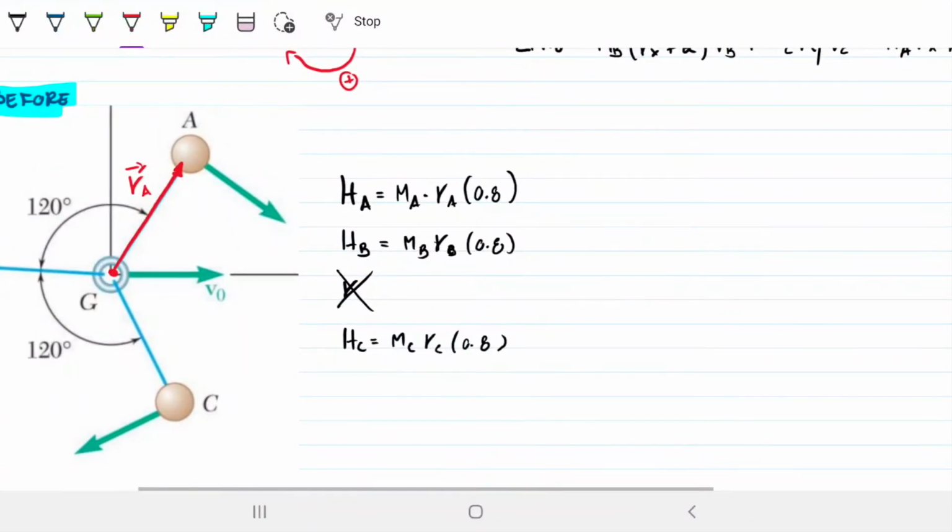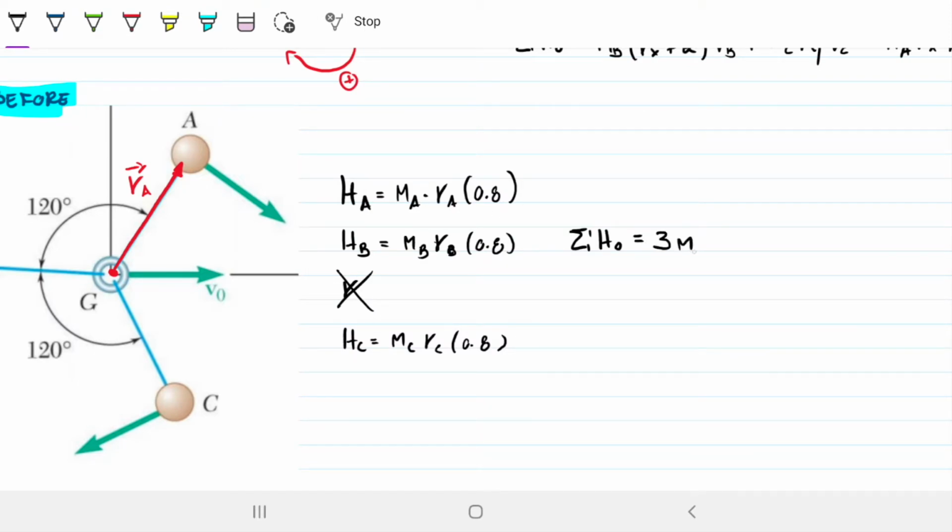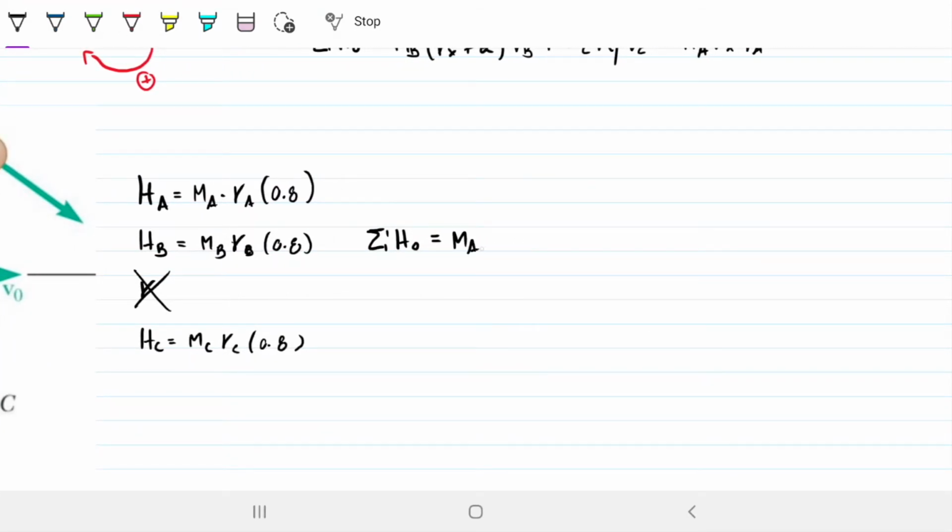So if I sum up these angular momentums here, the masses are all the same, so it's just 3 times the mass. Well, actually, let's do it in steps. So mass of A, remember that RA, RB, and RC are all 200 mils, so 0.2 meters times 0.8 velocity. And then mass of B, 0.2 meters for RB, and velocity 0.8.